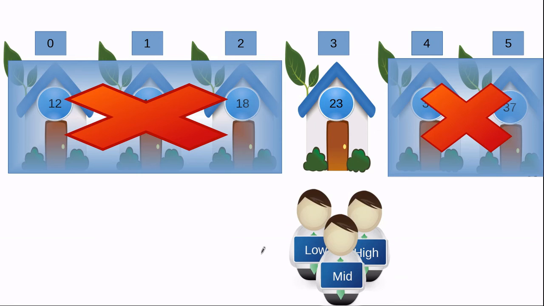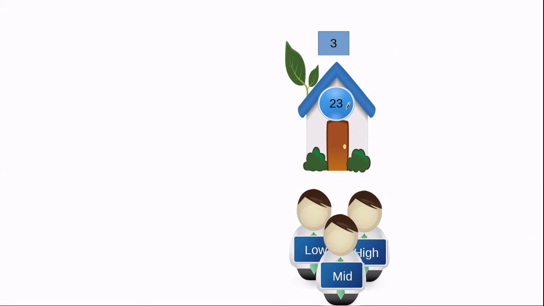So all the pointers will come to the same index, and the middle element is compared, and it finds that the element we want to search is present at this index. That's our answer, and we got the house that we want to search. That's how all the logic works for binary search.